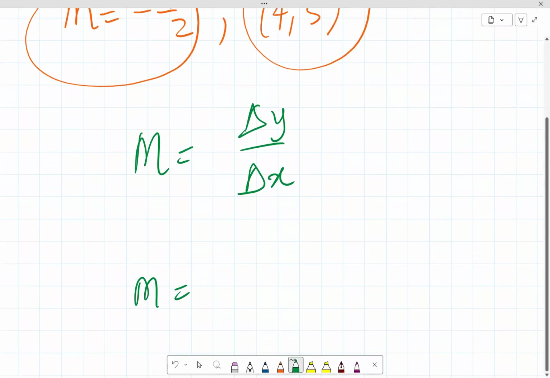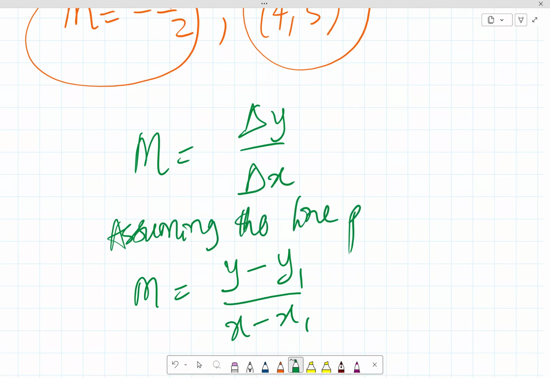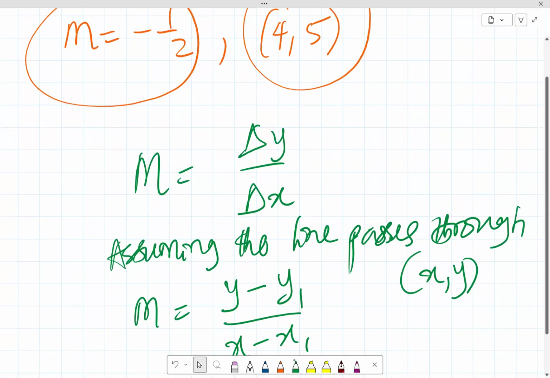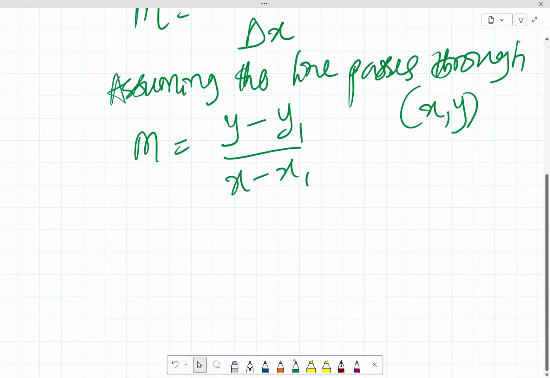So in that case, we can say m is a particular y minus y1 all over a particular x minus x1, assuming the line passes through x comma y.